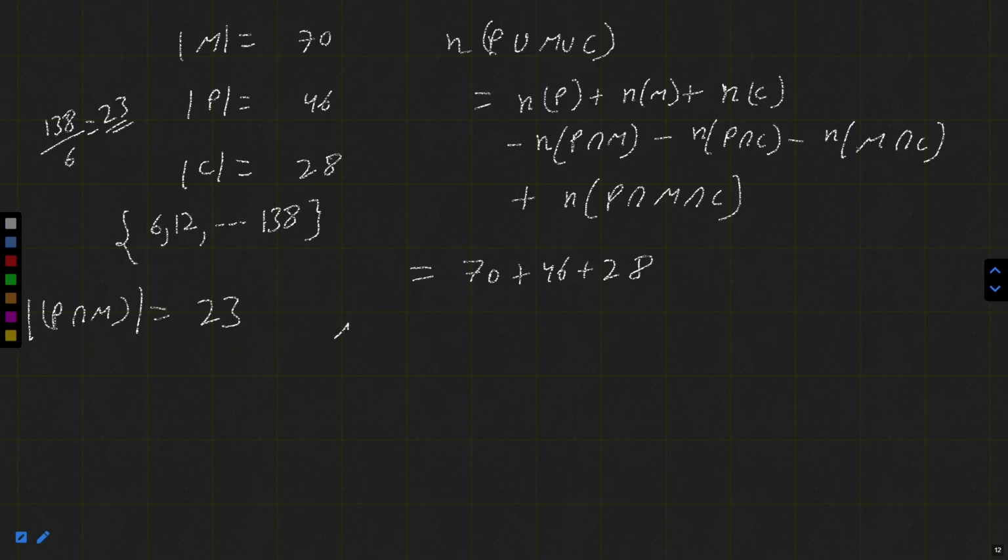Now for math and chemistry, we know the same logic we will apply. So the multiples of the LCM of 2 and 5.